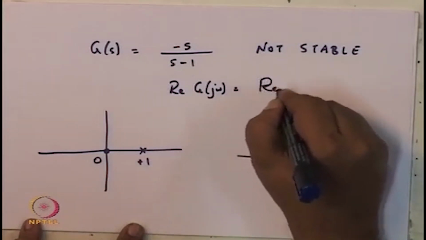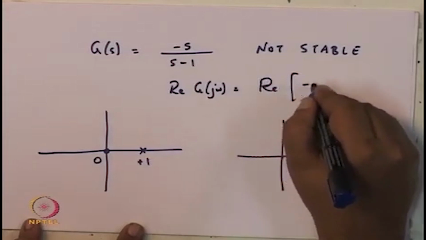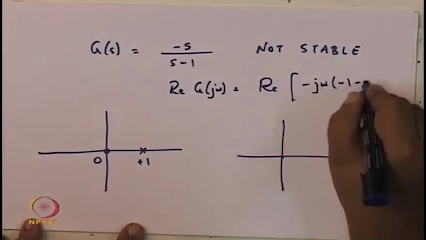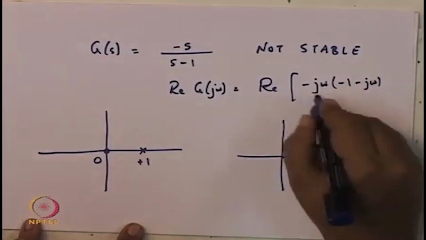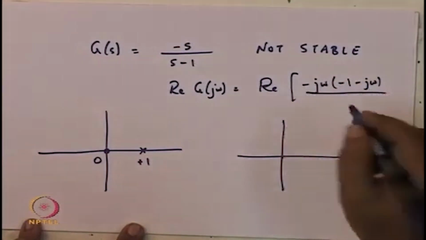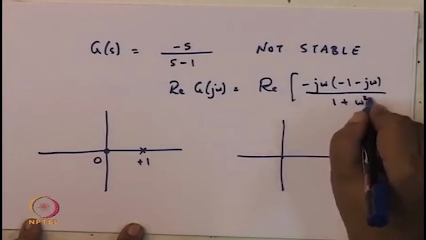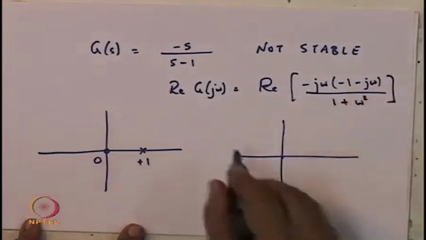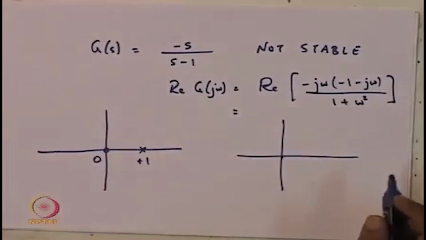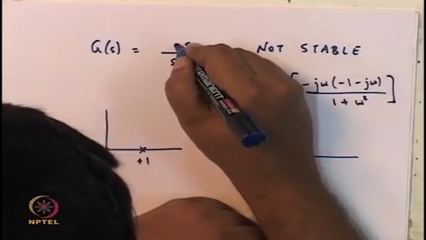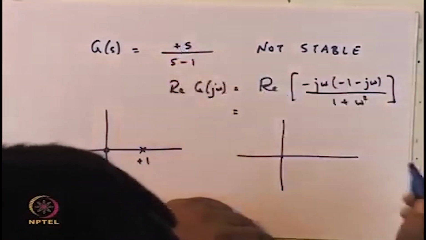the real part of j omega multiplying (-1 minus j omega) upon 1 plus omega squared. So perhaps I should not use a minus here, I should just put plus.